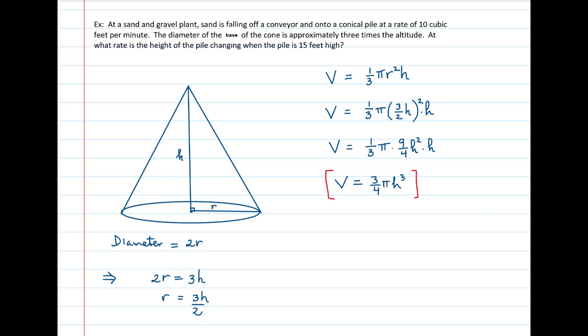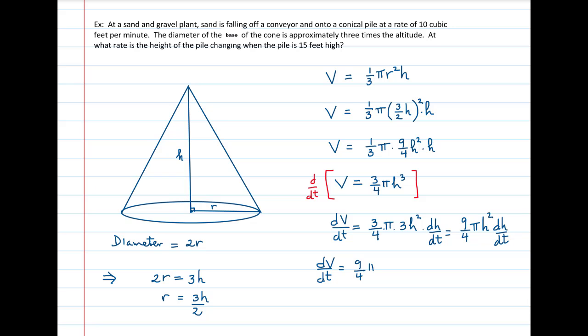Now we can take the derivative with respect to time, and we get dV/dt is equal to 3/4 times pi, which is just a constant, and then the derivative of h cubed is by the power rule: bring the 3 to the front, we have h squared, times the chain rule, which is to multiply by the derivative of h, which would be dh/dt. Simplifying a little bit, this is equal to 9/4 pi h squared dh/dt.